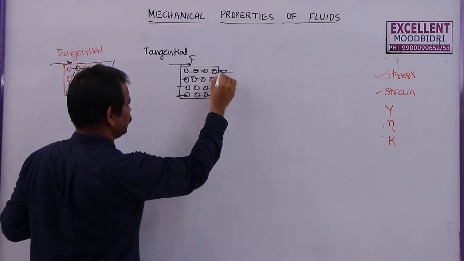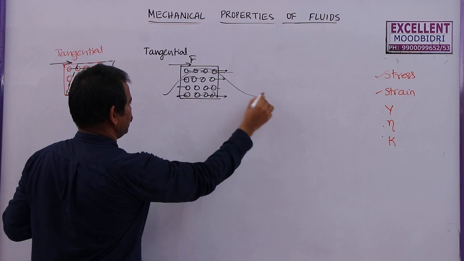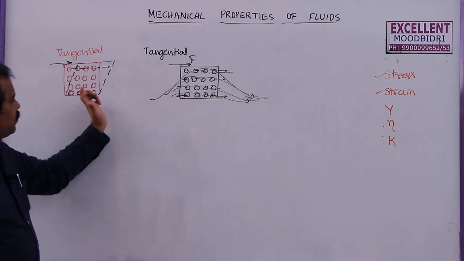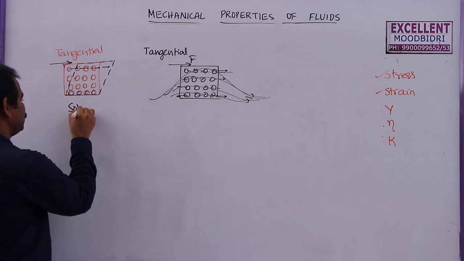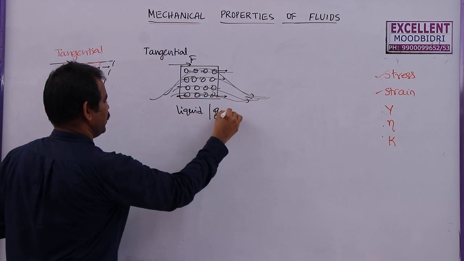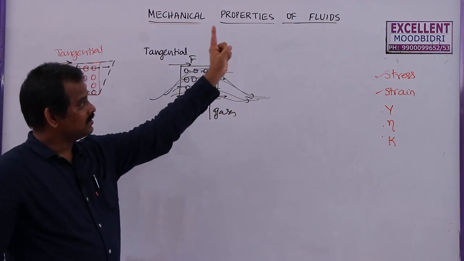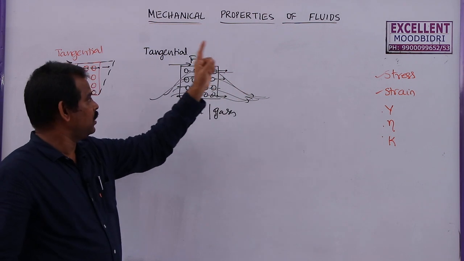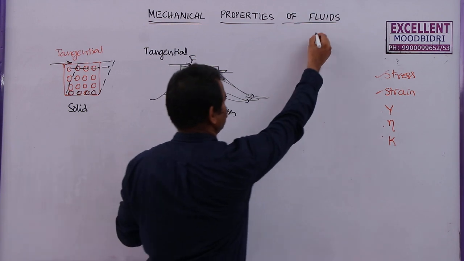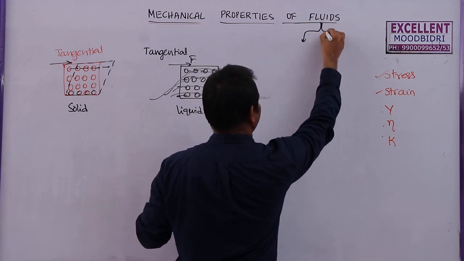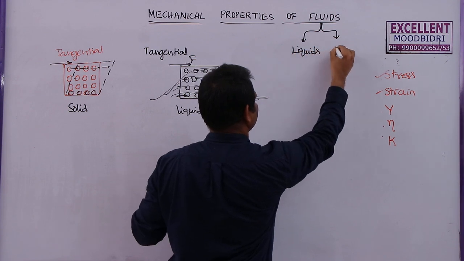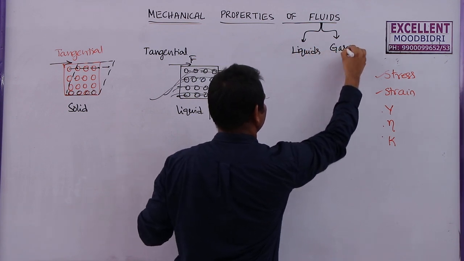They may move generally in the direction of the applied force, but all the layers will flow here. So what is the main difference between a solid and a liquid or gas? Fluids means the substances that can flow easily under the application of force, that is tangential stress, are known as fluids. So fluids can be divided into two parts here. One is liquids and second one is gases.